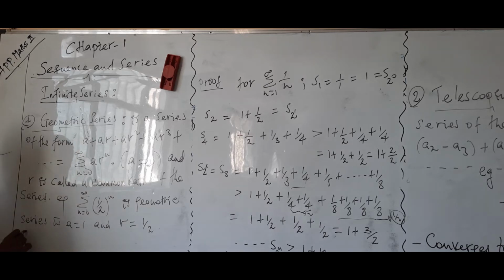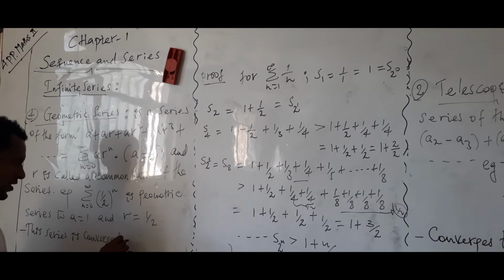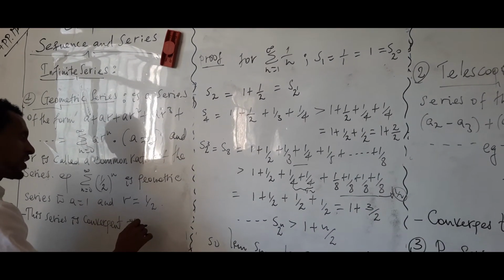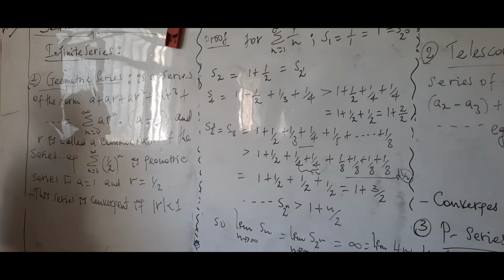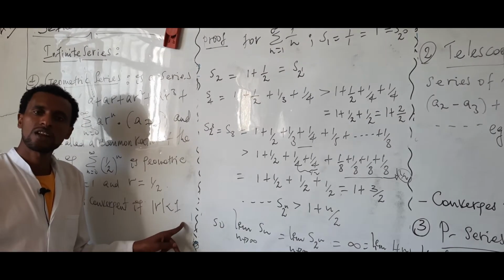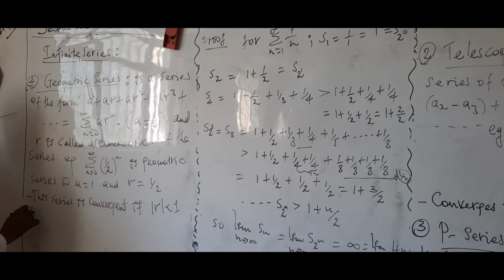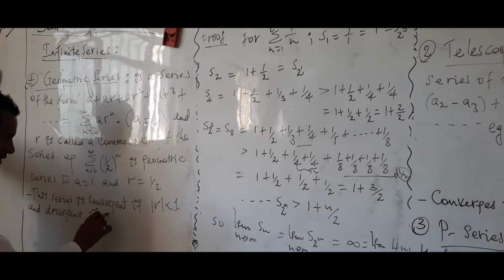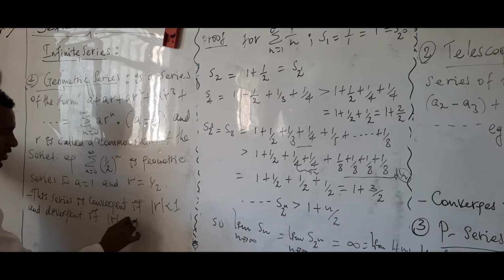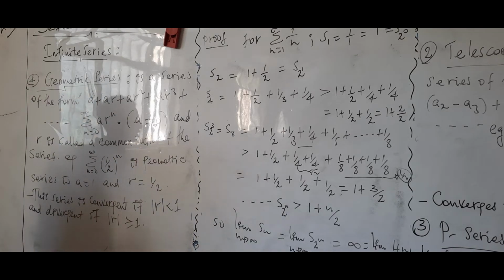This series is convergent if the absolute value of r is less than 1, that means minus 1 is less than r is less than 1, and divergent otherwise, that is, if the absolute value of r is greater than or equal to 1.